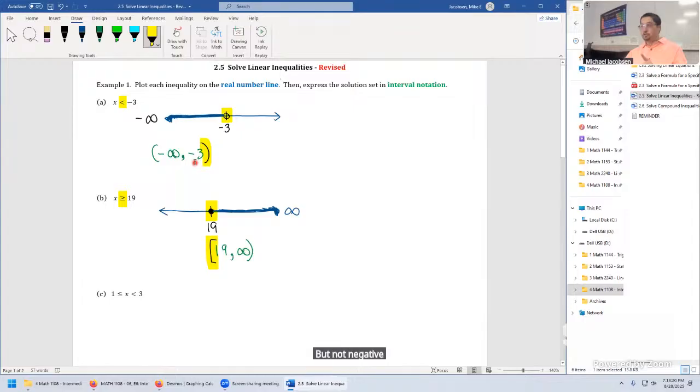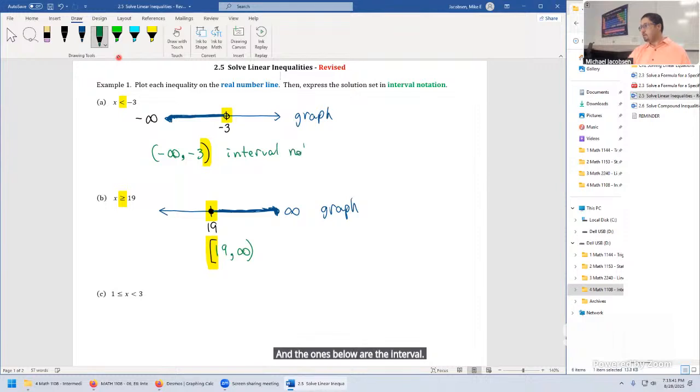That one is a non-solution. So we put a parenthesis to omit it and put an open circle to kick it out of the graph as well. So this is the graph, and the ones below are the interval notation.